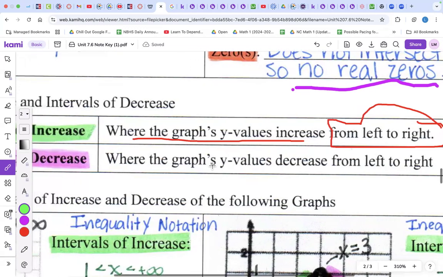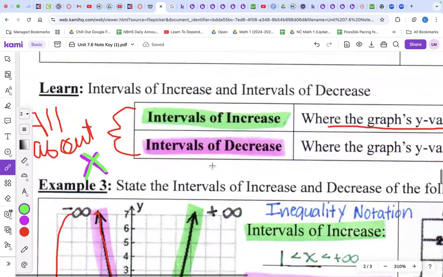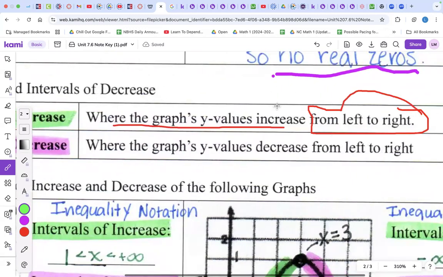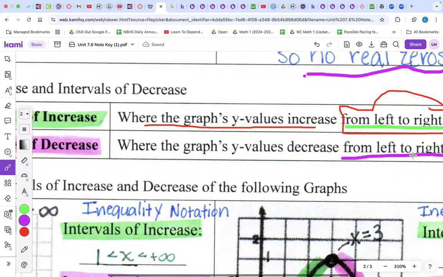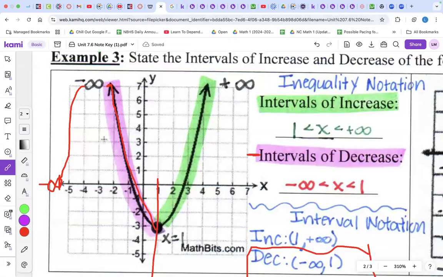Let's see what I'm talking about, because this can kind of throw you off. The first thing that's important is I need you to underline from left to right for both of them, because that's how we read. So we're going to read this from left to right. That means this is our left side, and this is the right side.